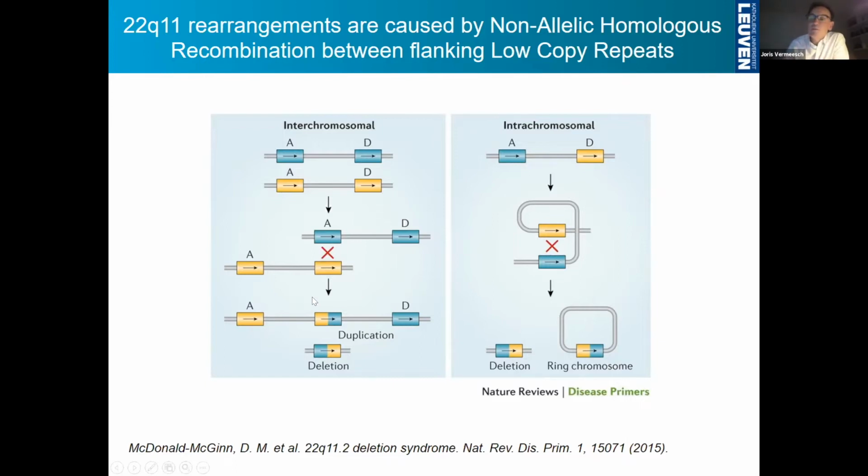We see more deletions than duplications if one starts screening neonates, and that's because we can also have an intrachromosomal or intrachromatid homologous recombination causing a deletion, and then you have an episome which gets lost during further development, and therefore there are a little bit more patients with 22q11 deletion syndrome.